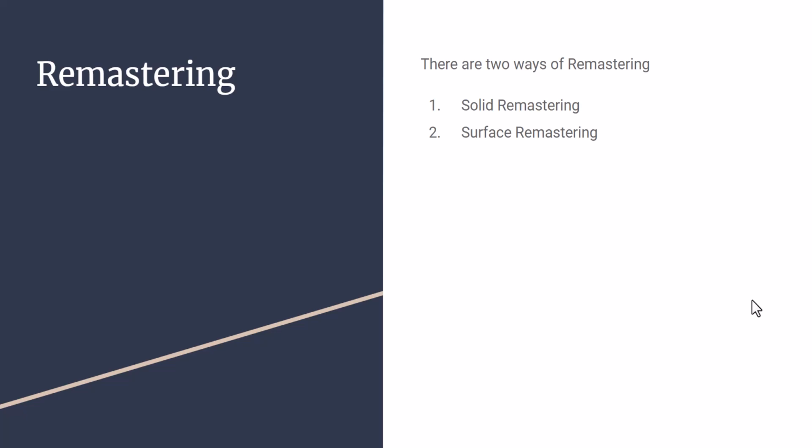The second approach or second method that we have is surface remastering. Here we can get input as a solid or as a surface, and we will have to create the parametric surface. If a solid is given, we will consider the outer surface of that.